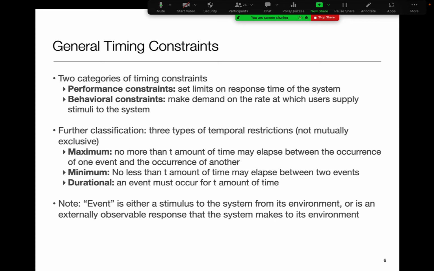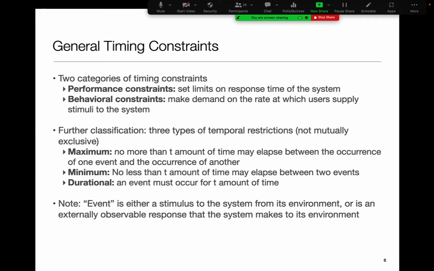Likewise, you can imagine a minimum constraint where we would say event 2 must occur at least time t after event 1. And then finally, events are often not simply at a point in time, but an interval, or a duration themselves. We may have a statement like this event must be of a certain duration, not just be instantaneous.